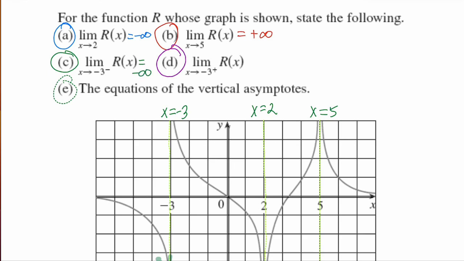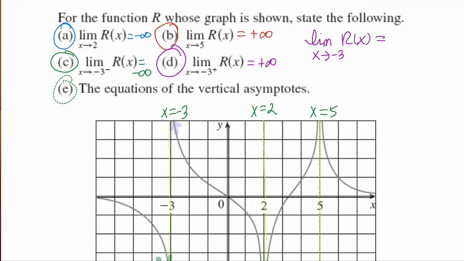But let's look at D. What's that notation telling us that we're doing? We're coming in from the right. So we're going here. So where are we heading that time? Positive infinity.